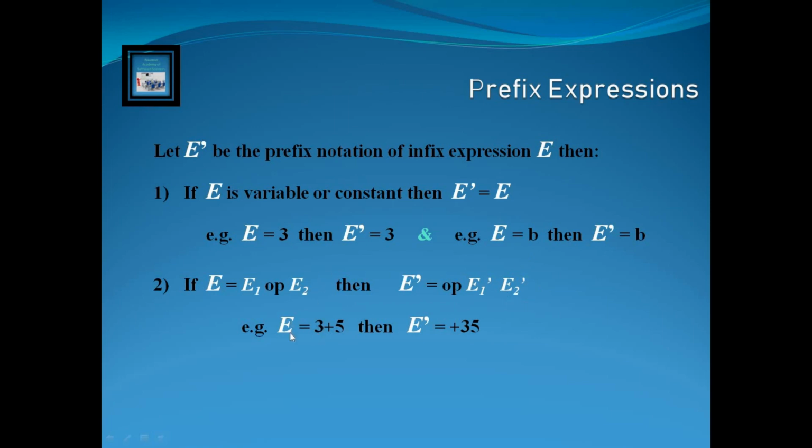A simple example: if the infix form expression is just 3 plus 5, then the prefix form can be achieved by placing the operator, plus, at the start, then the prefix form of 3, which by rule number 1 is just 3, and then the prefix form of 5, which is just 5. So cumulatively E prime is equal to plus 3 5.